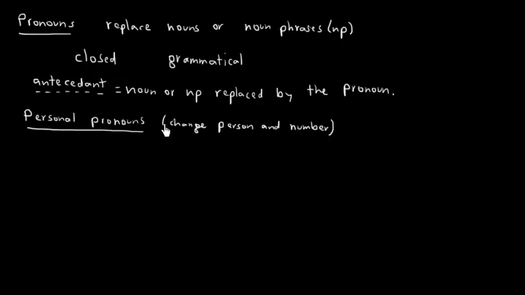In most cases, they change person and number to match the antecedent, but in one case we'll find out they change their person and number depending on who possesses, who owns the antecedent. And we have different sets depending on how they're used in the sentence.